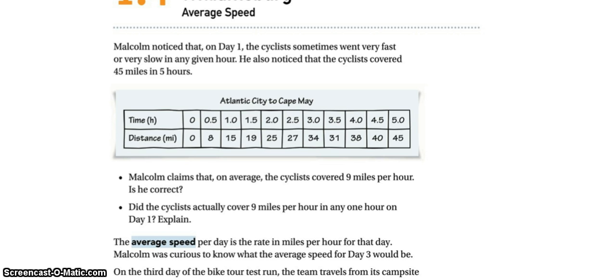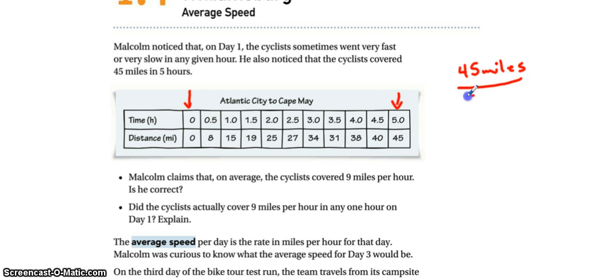Is he correct? Well, if we look at the trip overall, from start to finish, from the time they left to the time they stopped, as a total, in that 5 hours, they covered 45 miles.